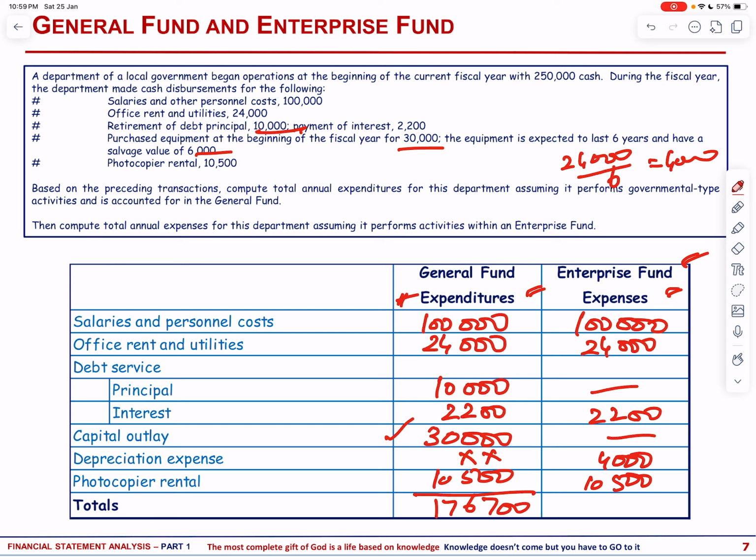Now this is also an operating expense, and when we make a total, the total will be 140,700. So that's how we compare the cost between the general fund expenditure and the enterprise fund expenses.